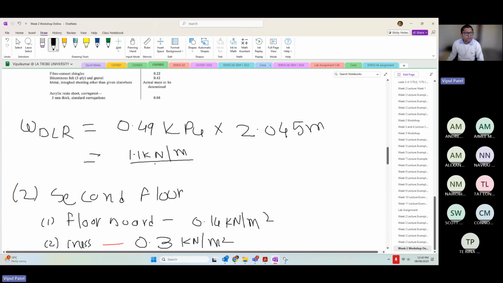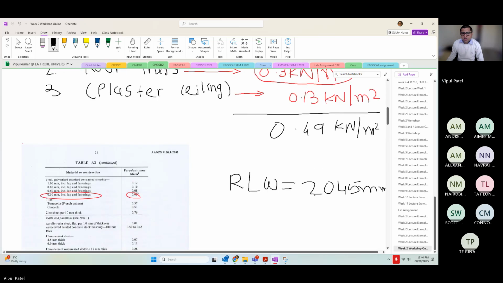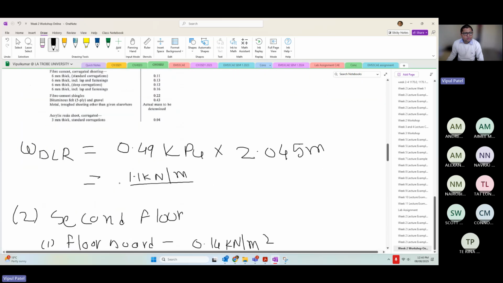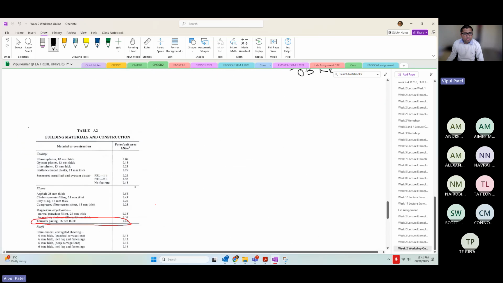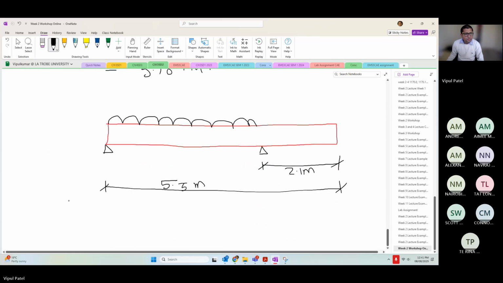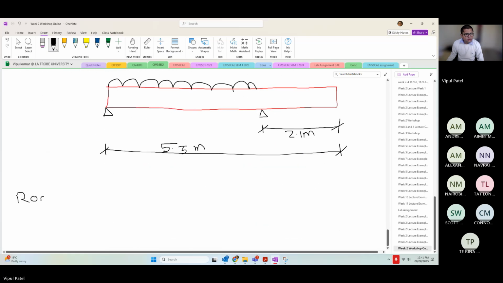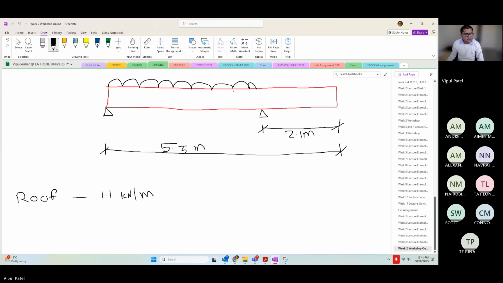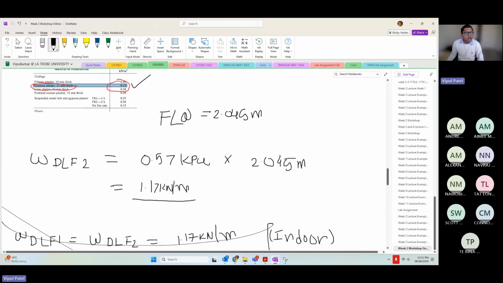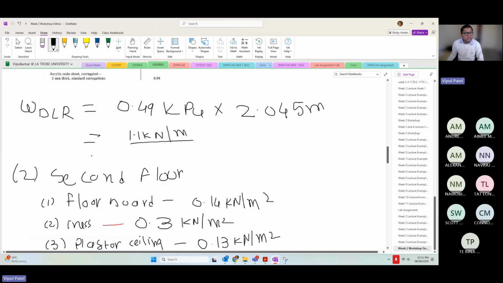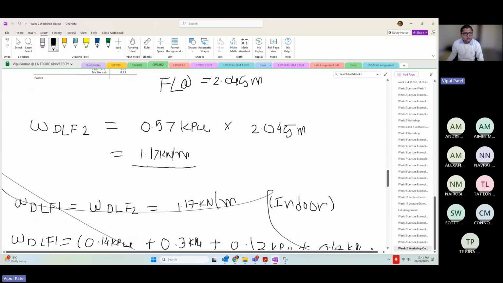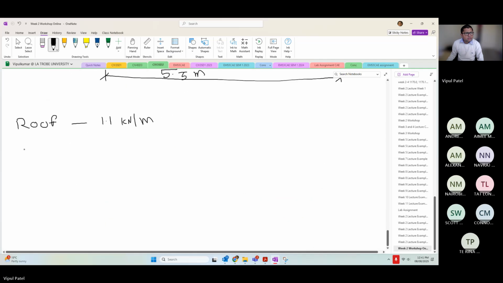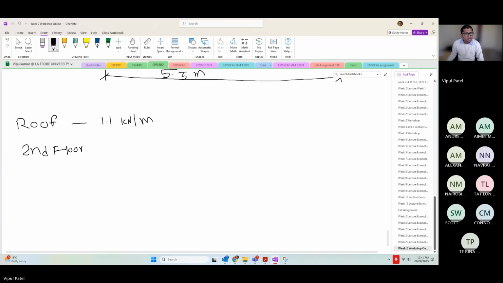Dead loads are going to come from the roof, and from the roof it was 1.1 kilonewton per meter. Then you have the second floor, and the second floor has 1.17 kilonewton per meter.